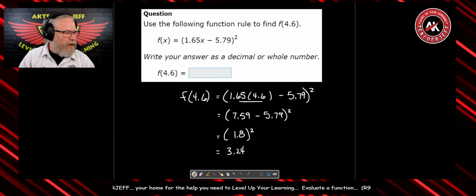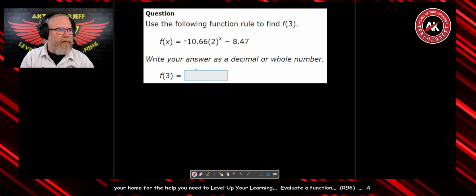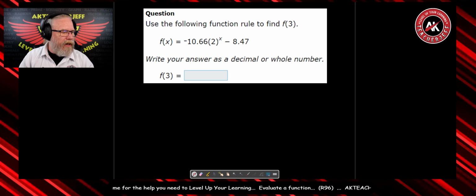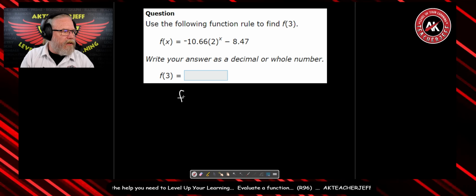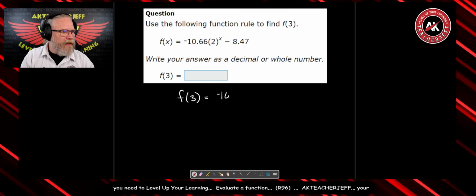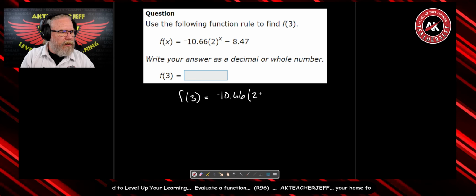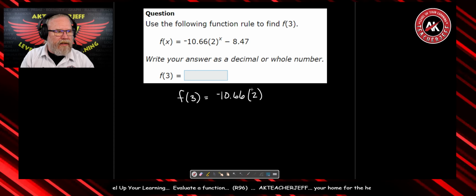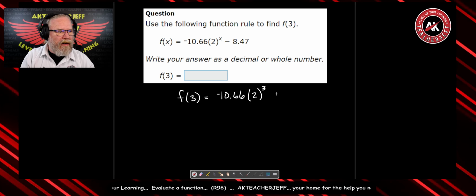Excuse me there. Look at the next problem we have here, and this will be our final problem on this one. The idea is we have f of 3. So f of 3 equals negative 10.66 times 2 to the power of whatever x is, right? And x is 3. So right where we see this x for the exponent, we're going to put in a value of 3.